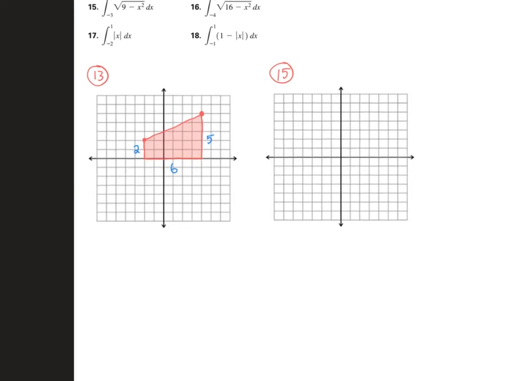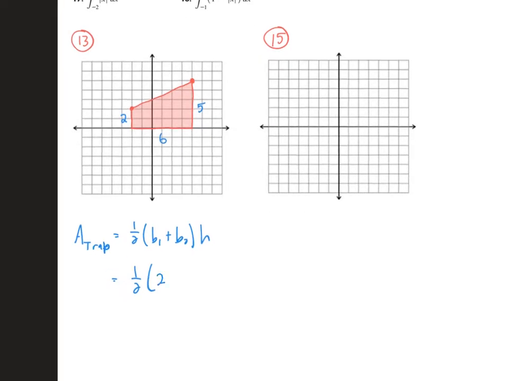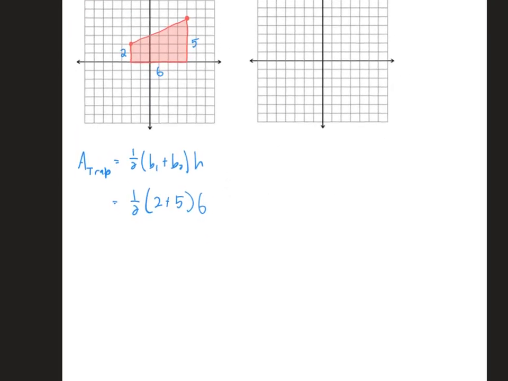Okay, so area of a trapezoid is 1/2 b1 plus b2 times height. The 1/2 and the 6 make 3, so this is really 3 times, and then 2 plus 5 is 7.